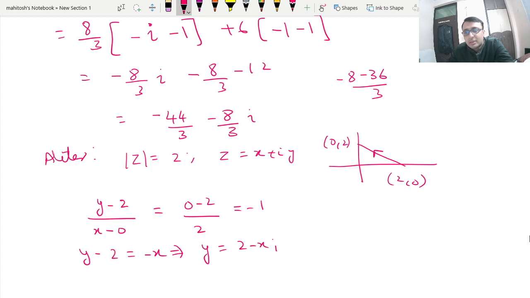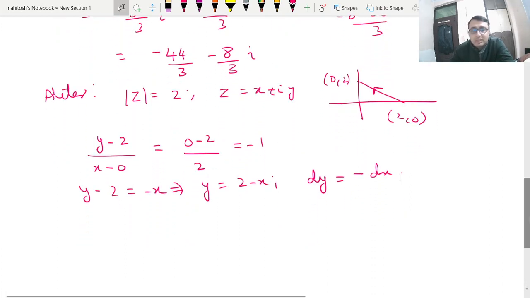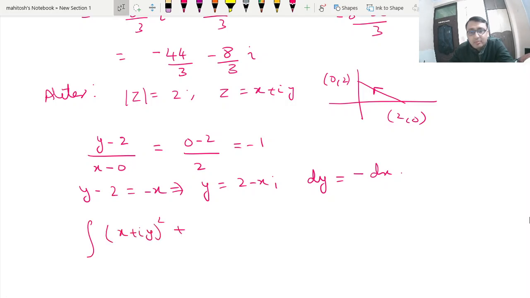So if I take dy, this is minus dx. Now I'll put all those values, and my x runs from 2 to 0, as is apparent. So z square is nothing but (x plus iy) whole square, plus 3(x plus iy), this is your 3z.